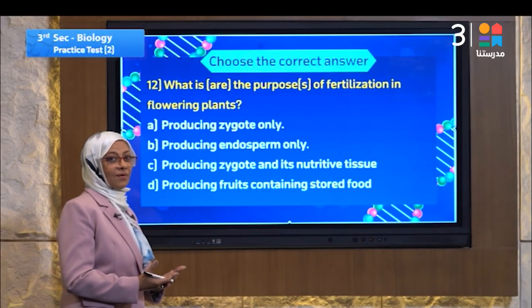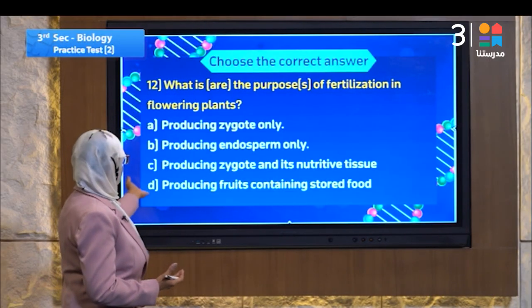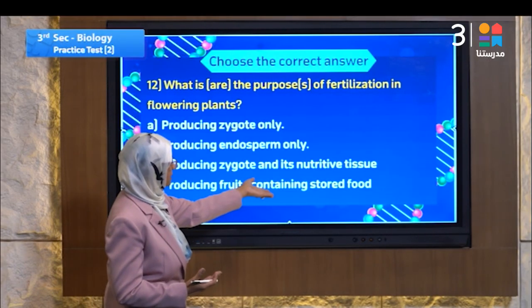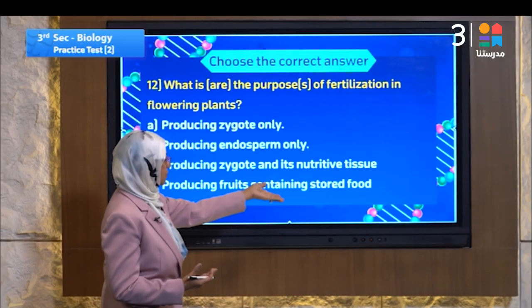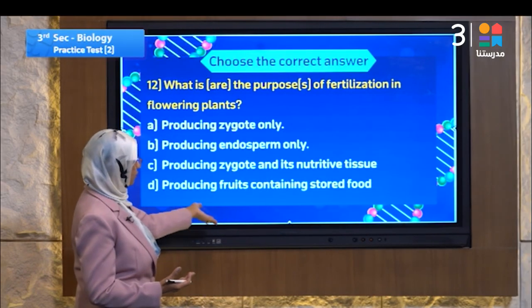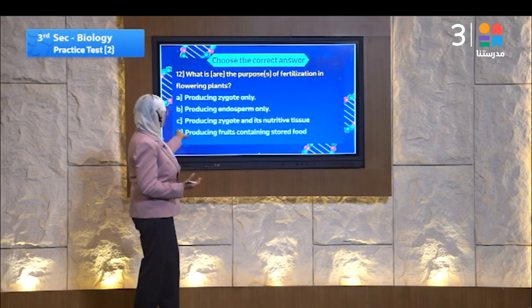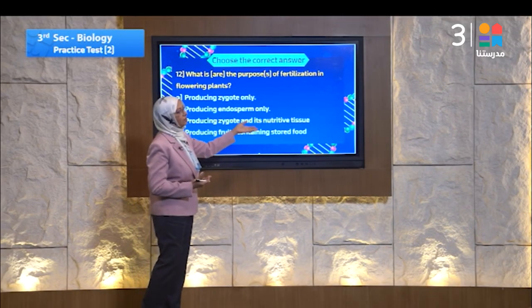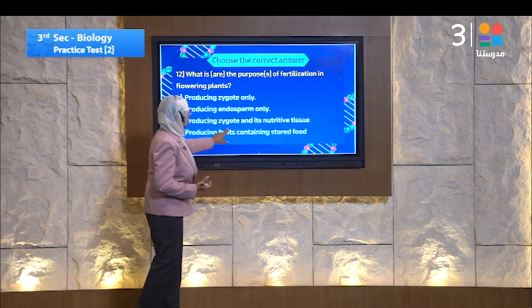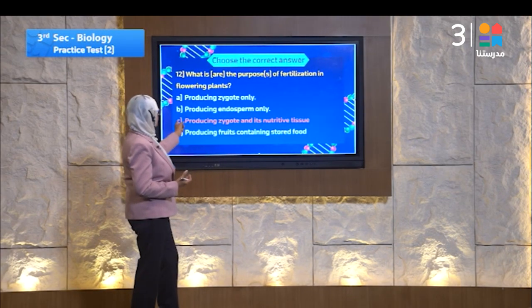Only? No, not only. Choice C, producing zygote and nutrient tissue. Yes. Producing fruit containing stored food? No. The answer must be producing zygote and nutritive tissue, that is endosperm. Yes, the answer is C.